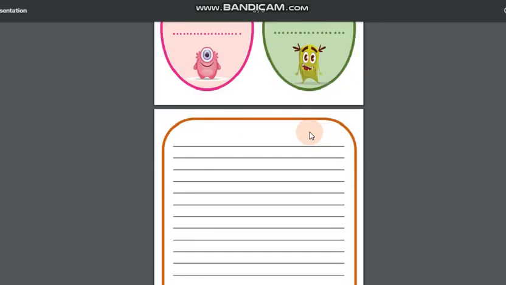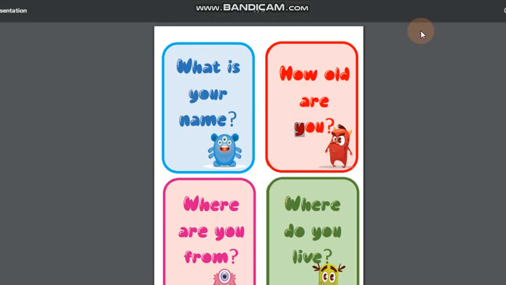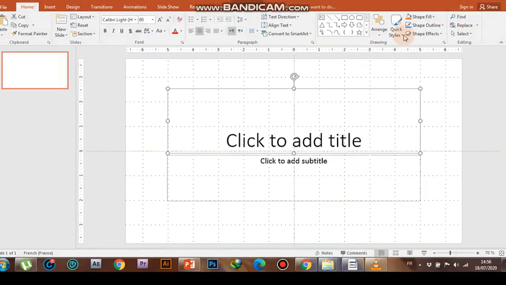Here you go. We will learn today how to prepare these beautiful cards. So let's jump into our PowerPoint. So here we go. This is our PowerPoint slide. If you want to change the size, you can just go to design.